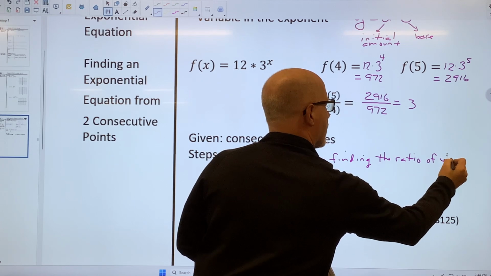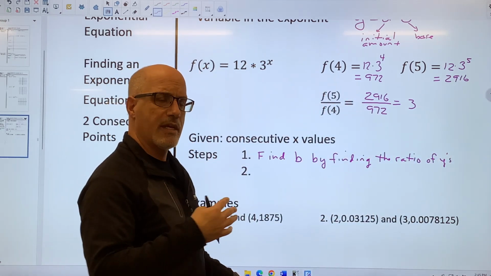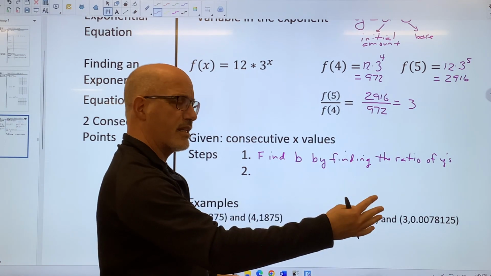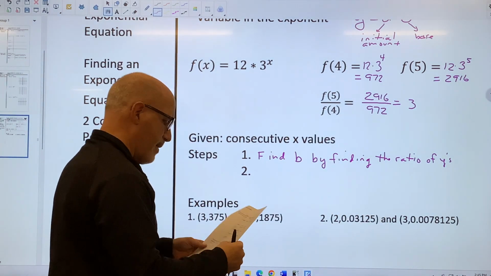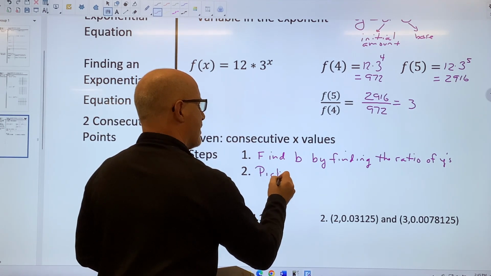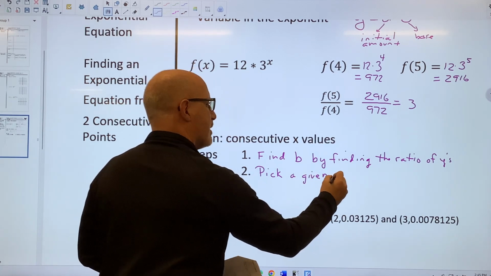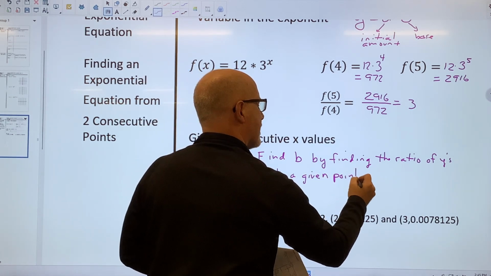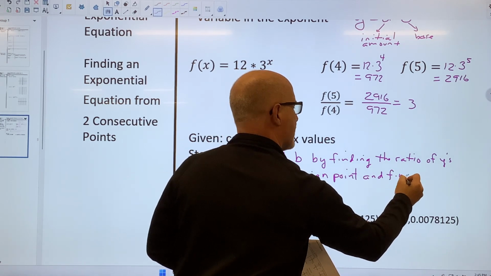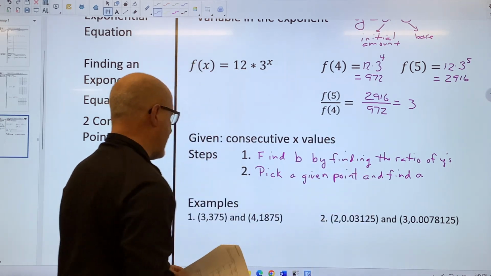You just do the second one over the first one. Whatever the first one was, you put it in the denominator. The second consecutive one, you put in the numerator. Then once you do that, you pick one of the given points, and find a. So you find the base first, and then you find the initial value after that.